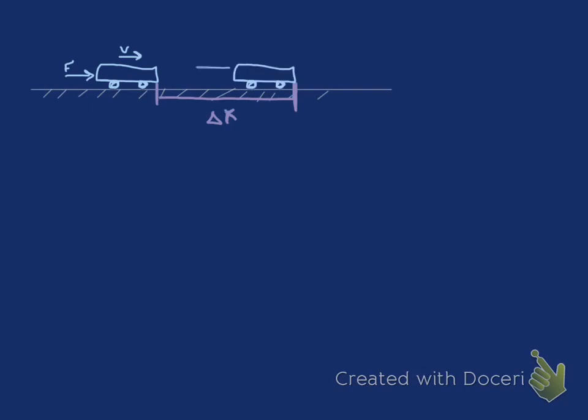So think about pushing our crate that already has a velocity. If we push this over a distance, all of a sudden our cart's going to be moving pretty well. And that means our power is going to equal our dE over dt.